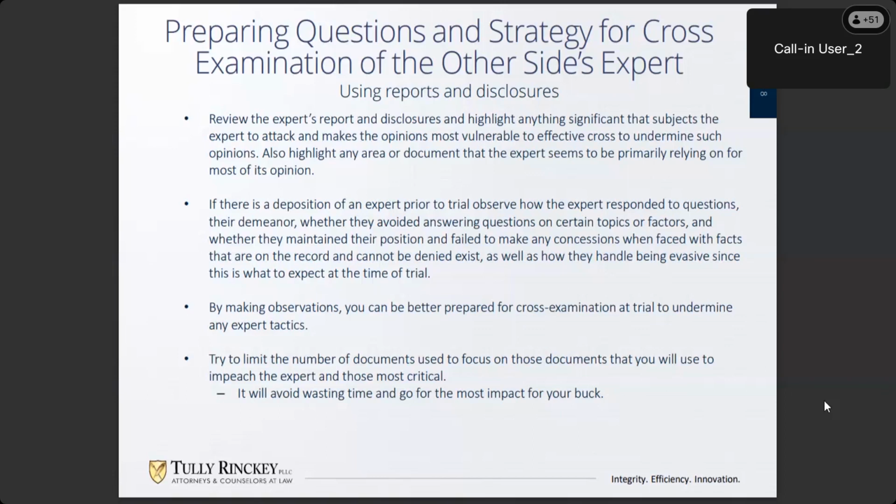I go over it very carefully to observe whether an expert maintained their position and failed to make any concessions when faced with facts that cannot be denied. They're on the record, nobody's disputed them, and that should be focused on at trial, because denying the undeniable leads to questions regarding credibility and whether the weight of the testimony should be limited, bias and so forth.